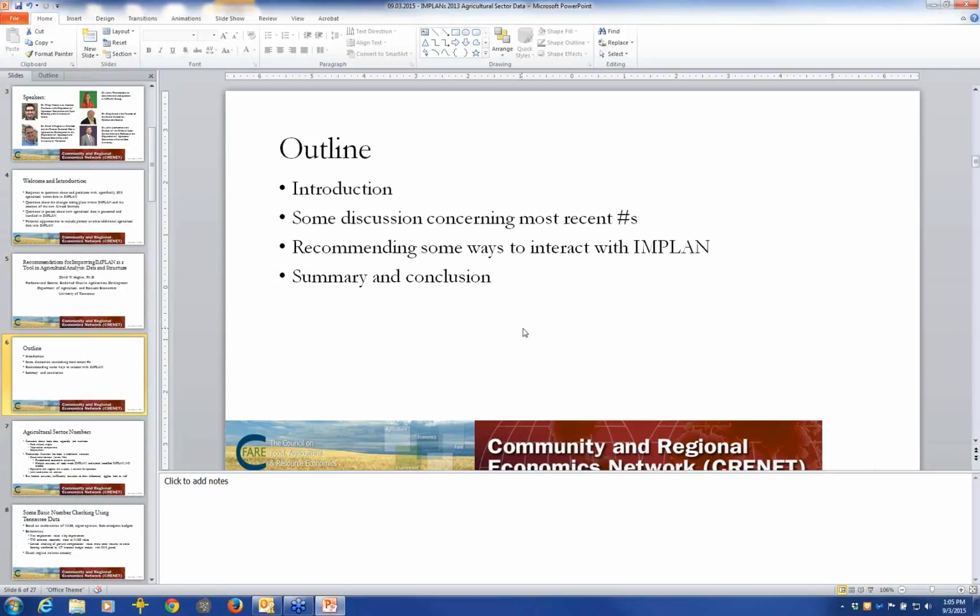Then I'm going to talk about some recommendations about ways to interact and work with IMPLAN, and that's based on a group of people that I convened that I consider to be expert users of IMPLAN, and then summary and conclusions.